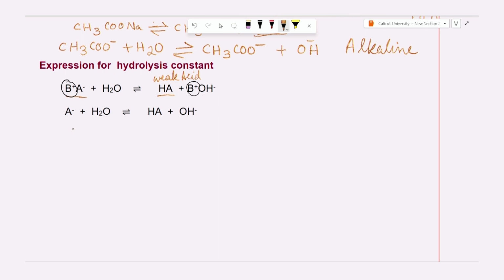Now, I am going to write down the equilibrium constant for this hydrolysis reaction.